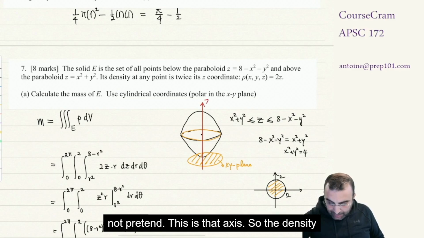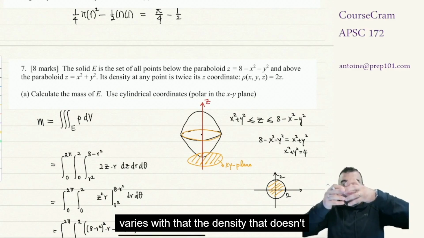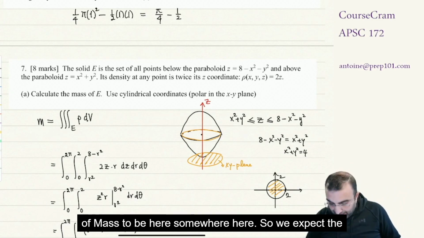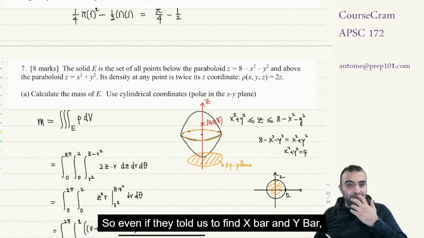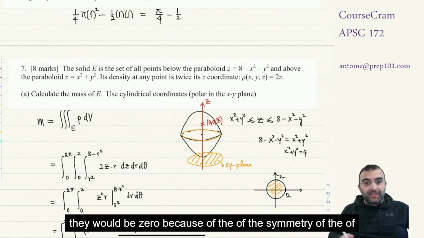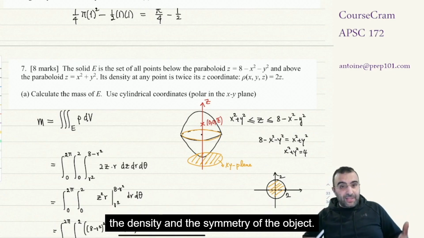This is the z-axis. So the density varies with z, the density doesn't vary with x and y. So we expect the center of mass to be 0, 0, z bar. So even if they told us to find x bar and y bar, they would be 0 because of the symmetry of the density and the symmetry of the object.